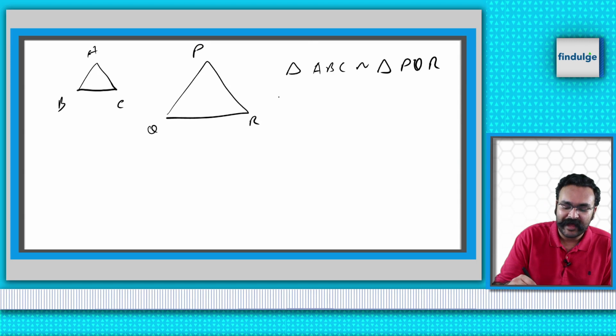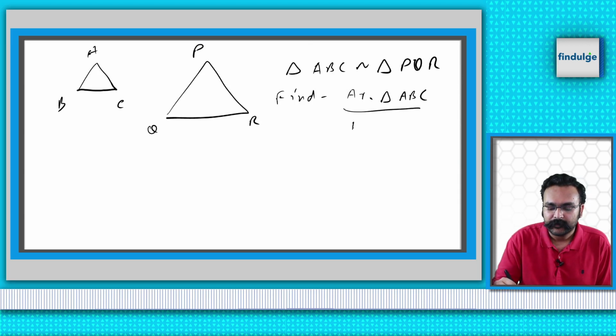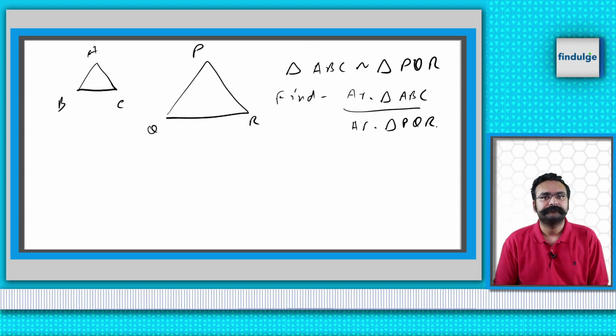So we are going to find the ratio of the area of triangle ABC upon the area of triangle PQR. Now when we're talking about triangles, we know that we simply have to use half base into height.